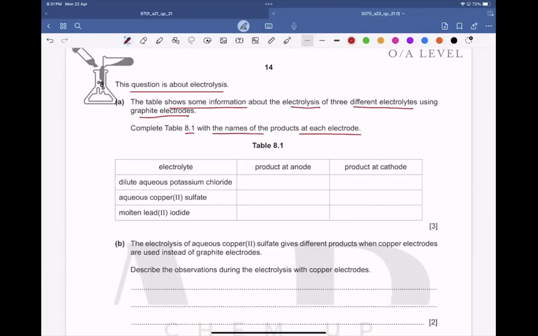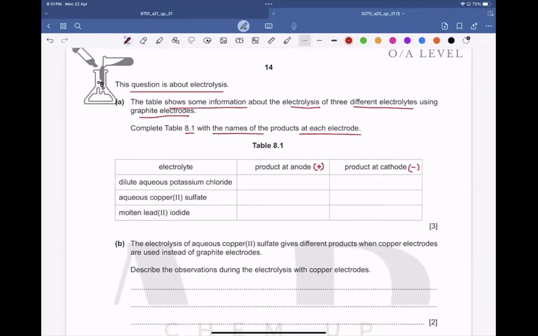If you recall, the anode attracts anions towards itself. The anode is positive, so negative ions reach the anode and form an element. And the cathode attracts cations towards itself, and cations are positively charged. So the cathode is a negative plate, and it attracts the positive ions towards itself.